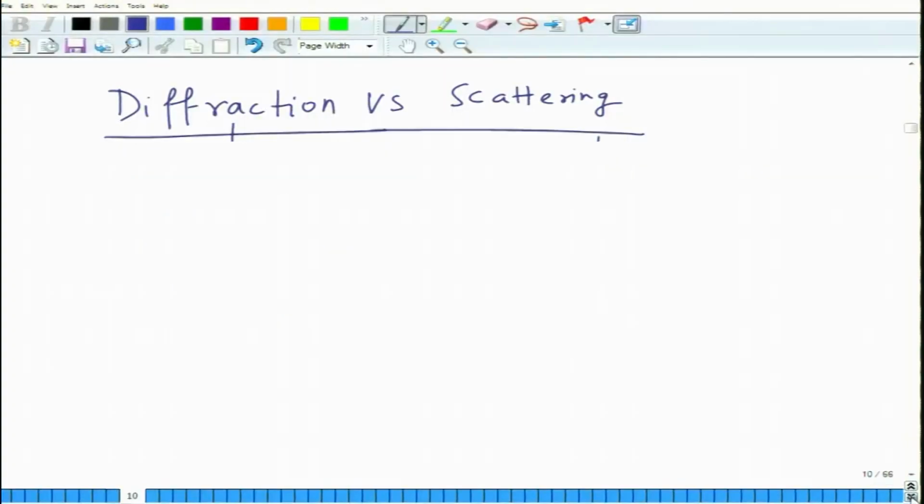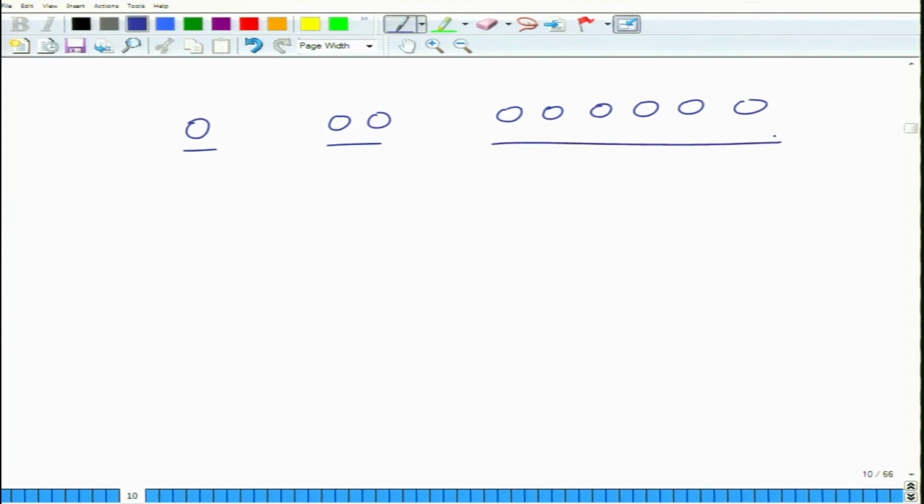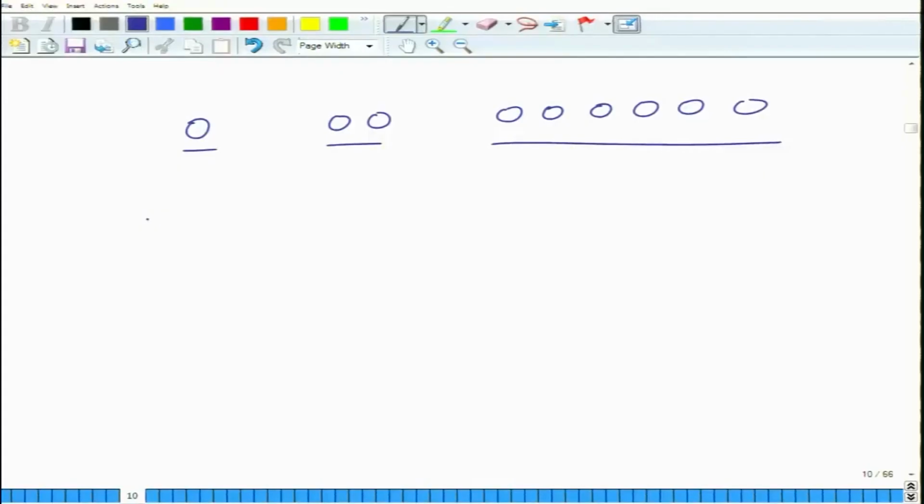But it's only when you have multiple atoms that the effect builds up. If you want to talk about the number of slits in the system, you can have one slit, you can have two atoms, you can have multiple atoms, and this is basically changing the number of slits. When you change the number of atoms in a material, the diffraction effects become stronger.